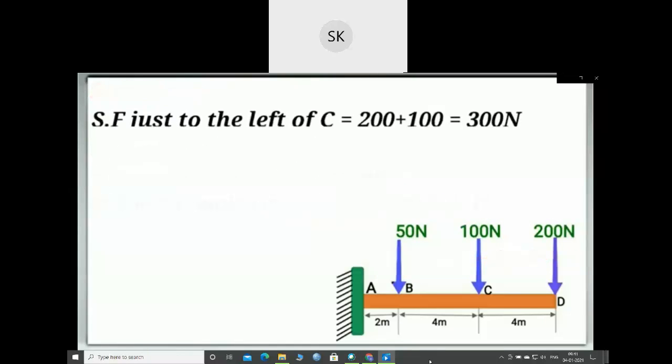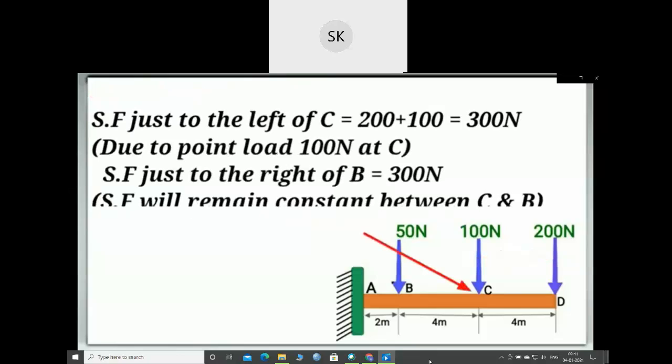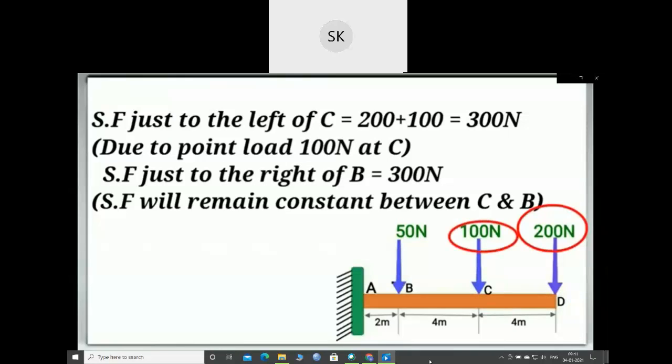Now shear force just to the left of point C will be equal to the summation of all the forces in the right portion of this point, which will be equal to 200 Newton plus this 100 Newton, equal to 300 Newton.